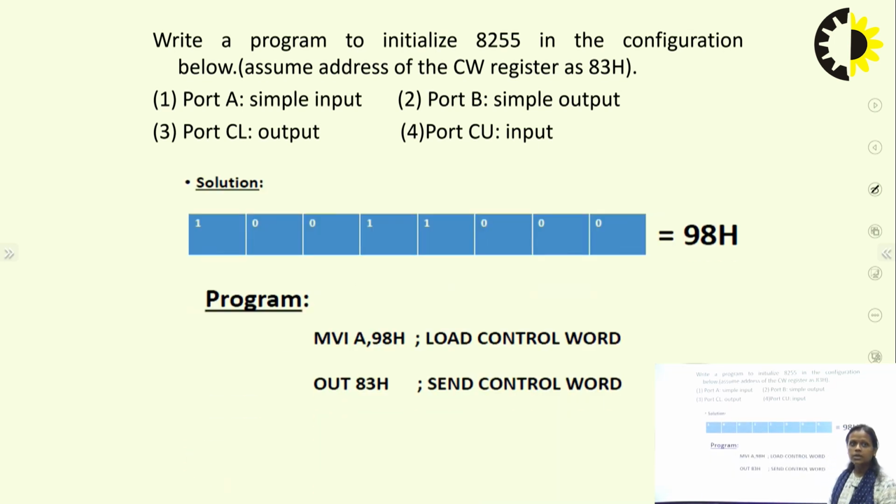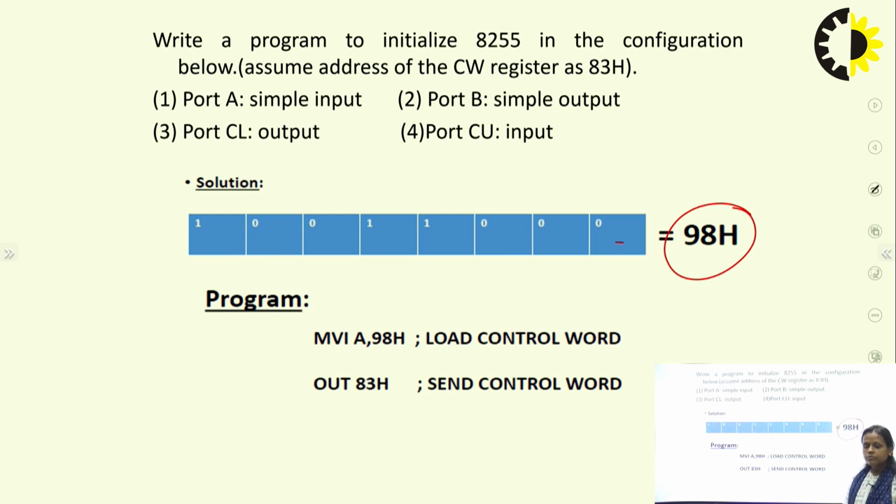So the control word: PC lower is output, so 0 is given here, and PC upper is input, so we have given 1 there. Likewise, we can set or reset the bits. So the control word generated is 98H.